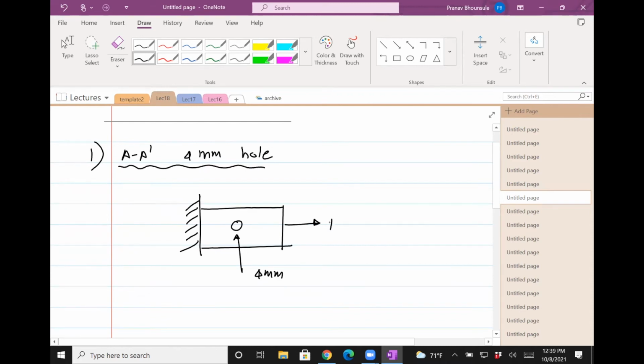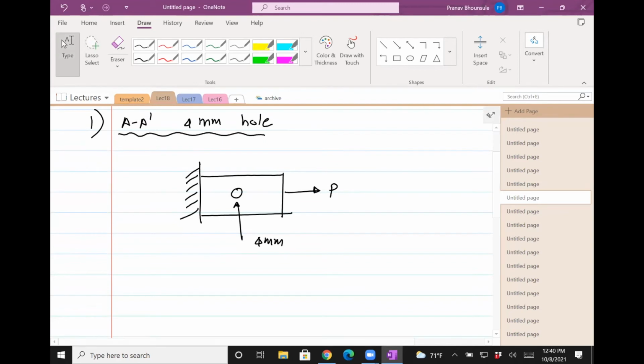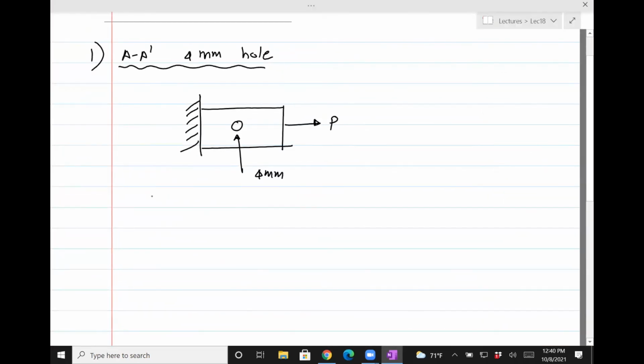So I need to find the effect of this P in inducing a stress first. This force, I think it's called F, equals 10 kilonewtons. And this width is W equals 40.